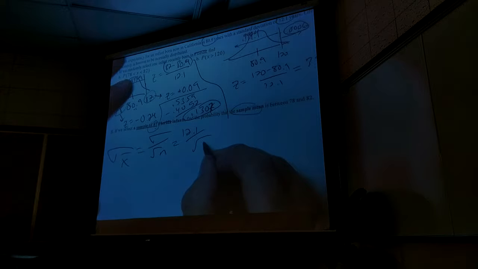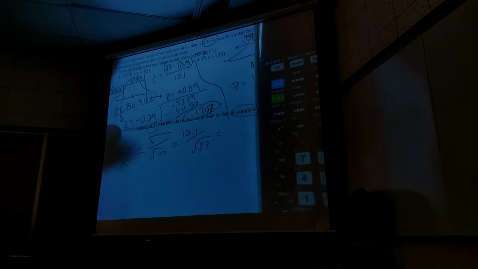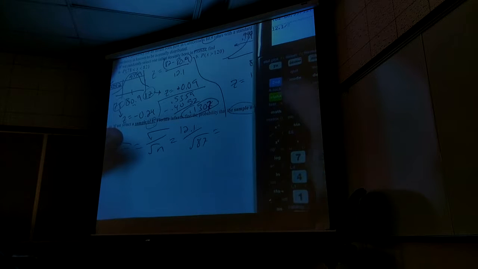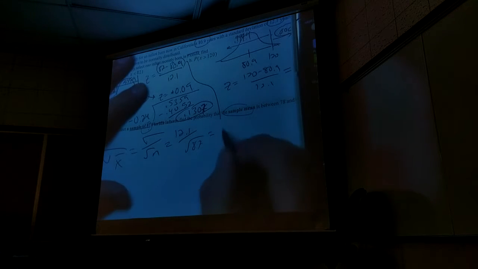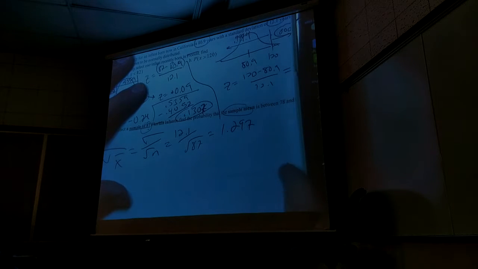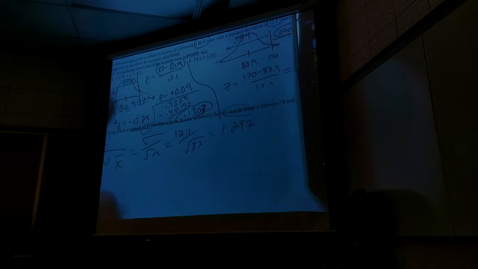I get 12.1 divided by the square root of 87, and I get 1.297. You can make it 1.297 if you want to. Got to do at least 3 places.